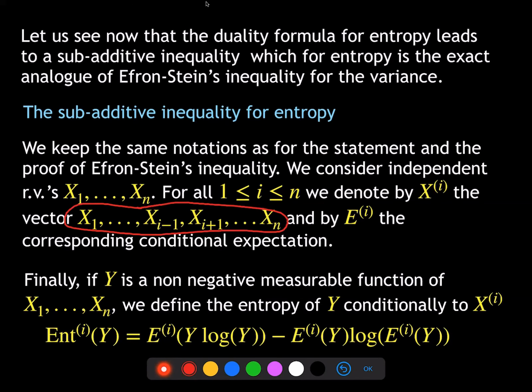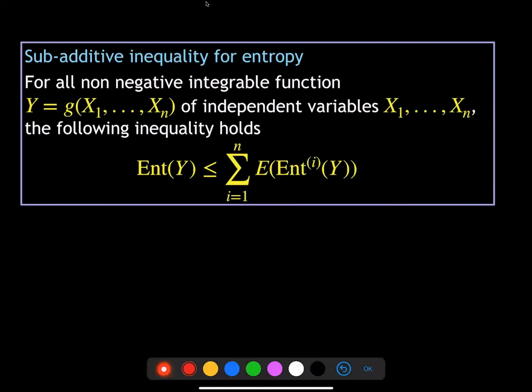So if you have this definition in mind, the statement of the subadditive inequality for entropy is just what you can expect. You consider some non-negative and integrable function of independent variables, and then the entropy of this quantity is less than the sum of the expectations of the conditional entropies.